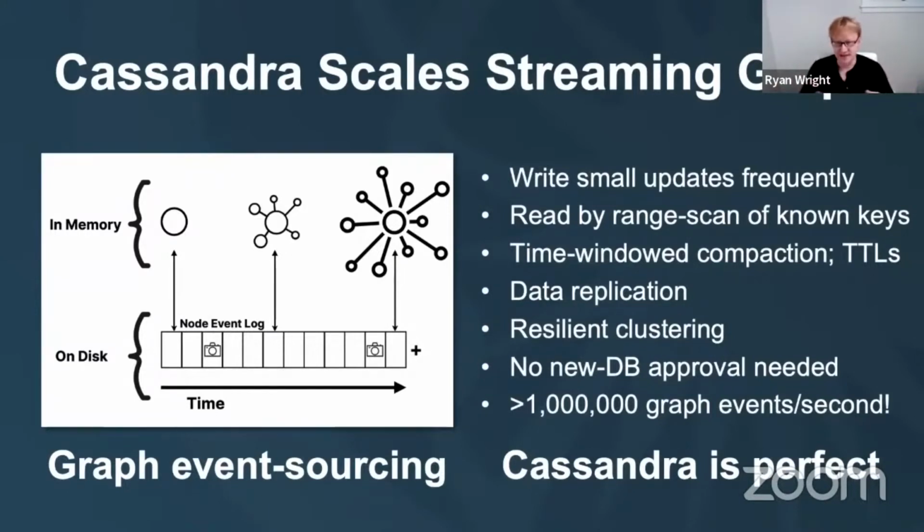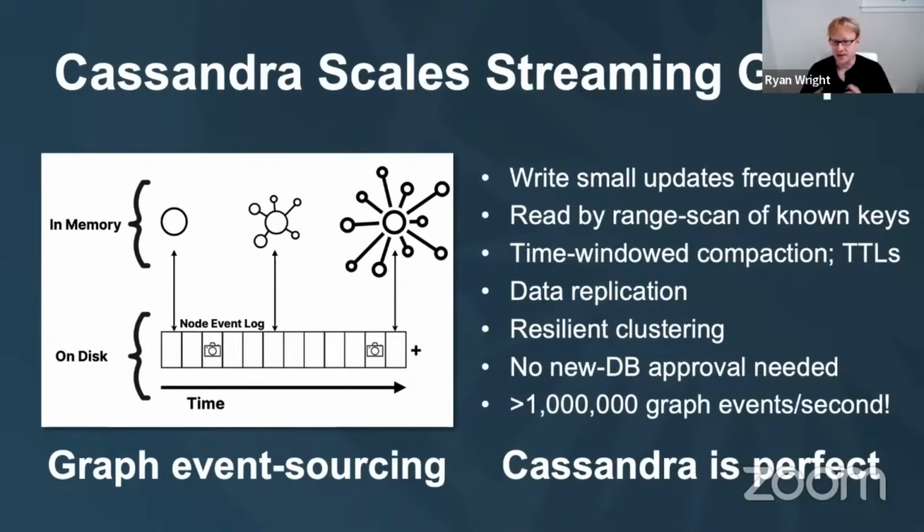It means the deltas, the small little updates, get written into Cassandra in very small units, not the whole node information, just changes to its history. So that gets written very quickly and efficiently to disk in Cassandra, and then cached in memory to do graph operations, pulled back in only when needed by doing efficient range scans over known keys.